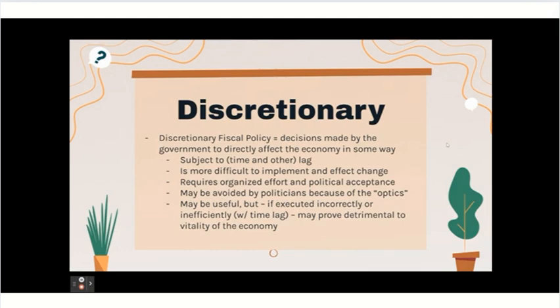Discretionary is also called targeted fiscal policy. It basically just means targeted in the sense that someone is aiming, picture like a bow and arrow. Someone's taking that bow and arrow, holding that fiscal policy. And what type of fiscal policy is it? It's targeted because they're taking it and they're aiming it at a target.